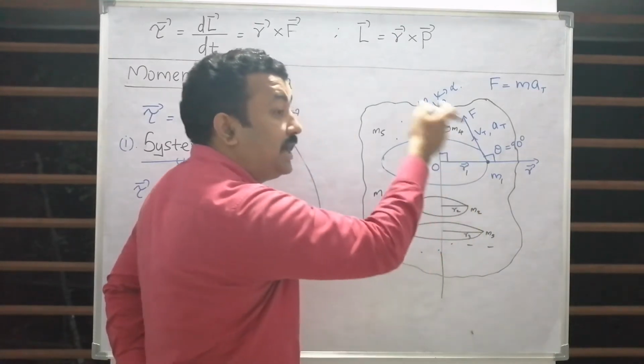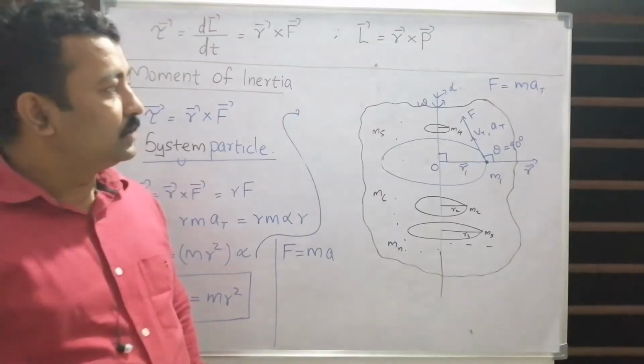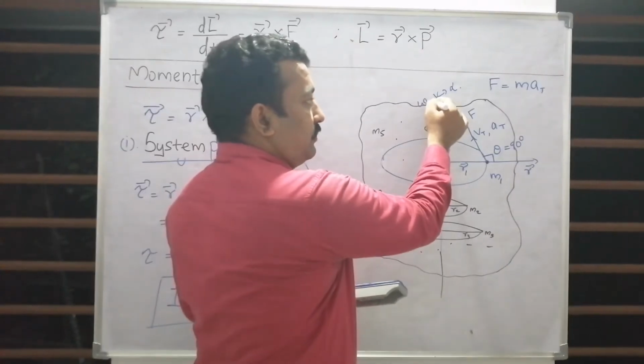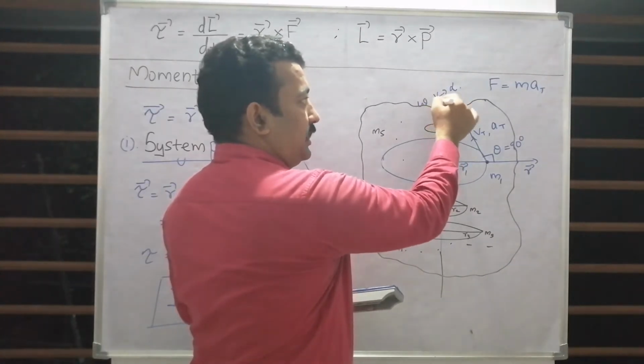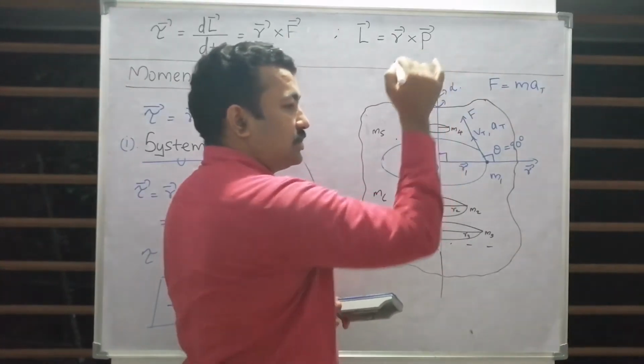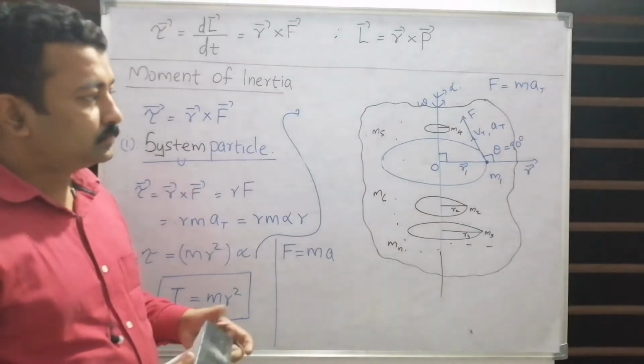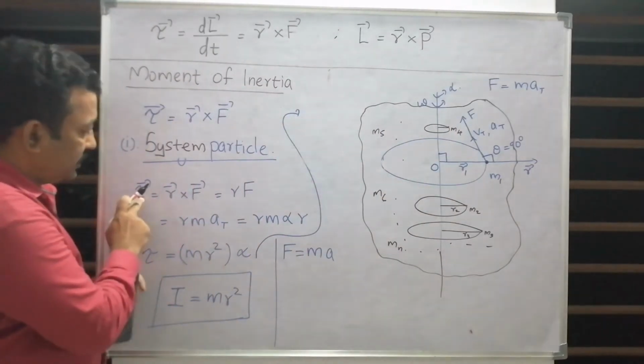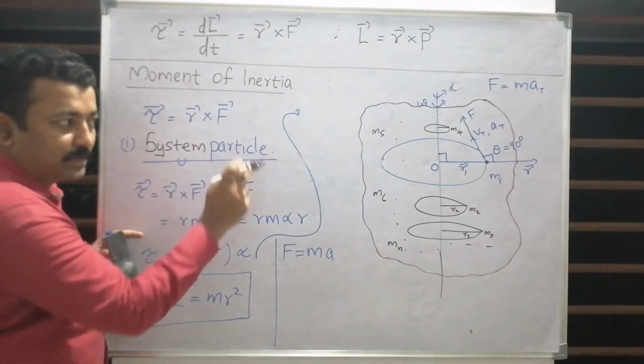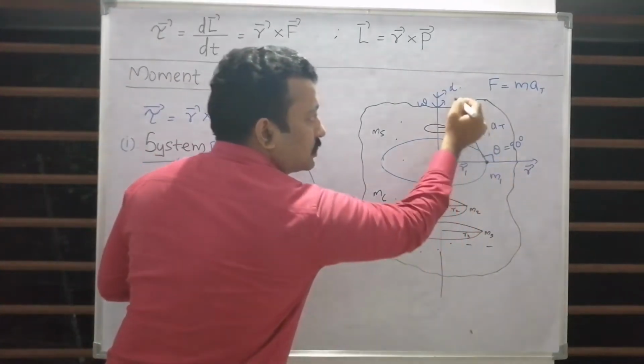Suppose these n particles are revolving about the axis with omega, and there is an angular acceleration alpha. I got the expression for the torque for a single particle as r cross f.